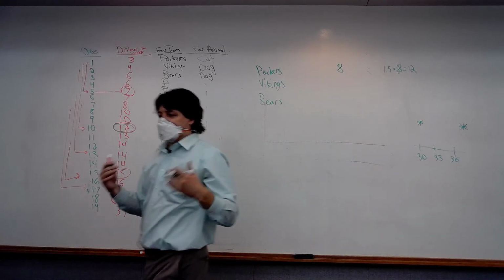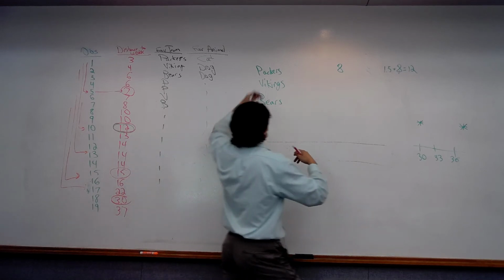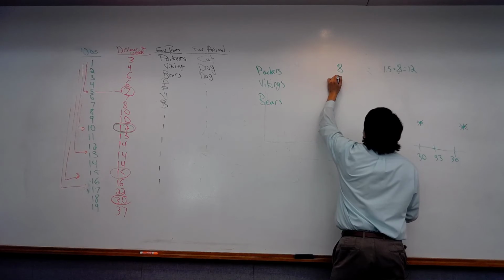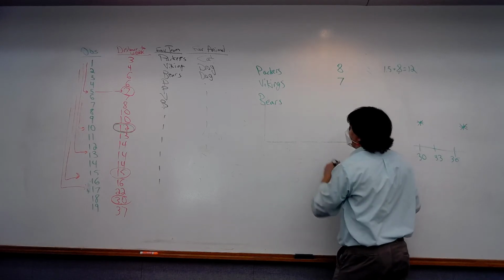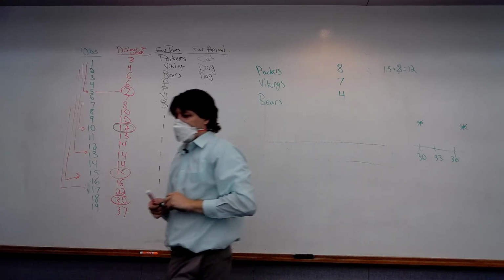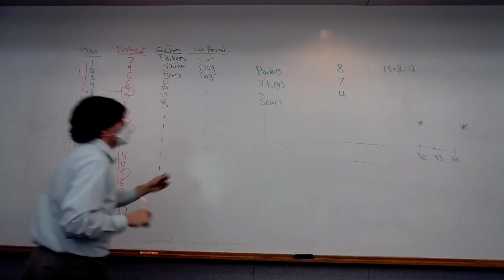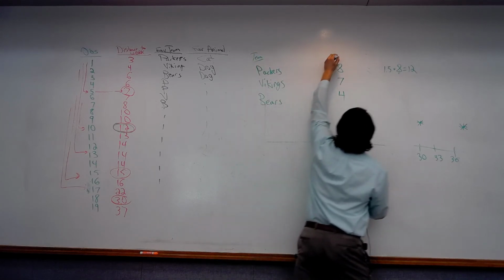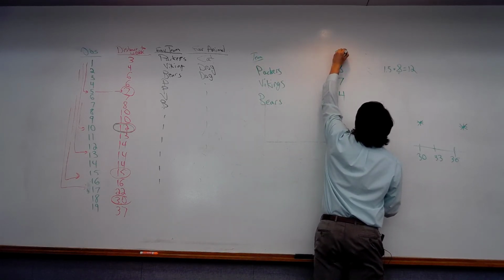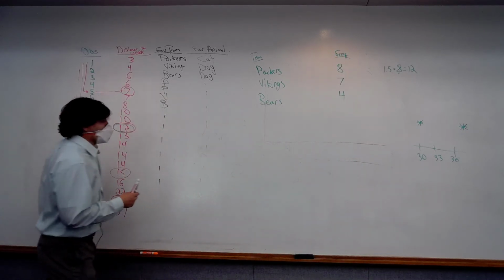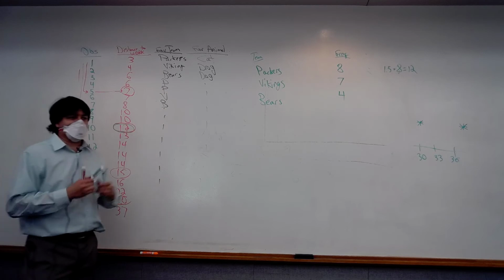I'm leaving a little space that we'll fill in later. We had 8 Packer fans, 7 Vikings fans, and 4 Bear fans. So this is team, and this is the frequency, and there's our frequency table. We just counted up, and in Excel we could even do the COUNTIF statement.